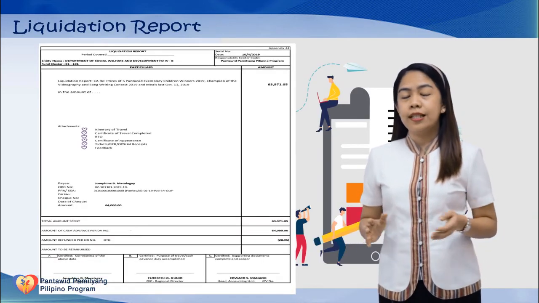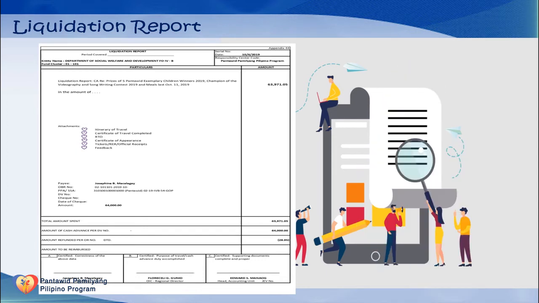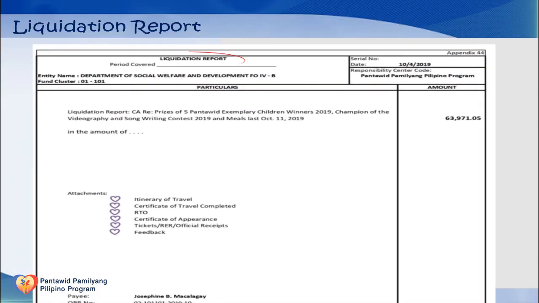The liquidation report is accomplished as follows. First, the period covered by the report, from the date of the grant of cash advance up to the date of liquidation. Second, the name of the agency.